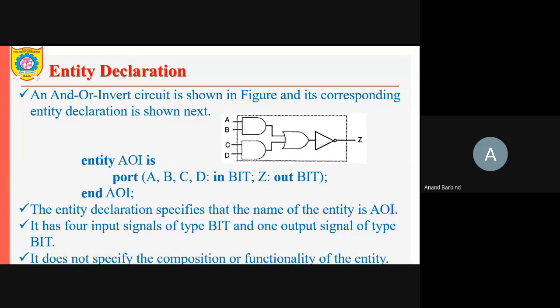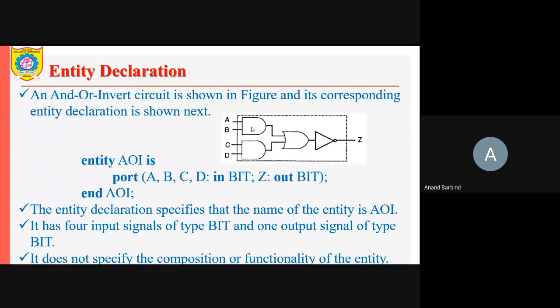The point to be noted here is that this entity declaration specifies only the interface of this circuit. Interface meaning what are the inputs and what are the outputs of this circuit. The entity statement is not going to specify the functionality of the circuit. What is the functionality of the circuit?